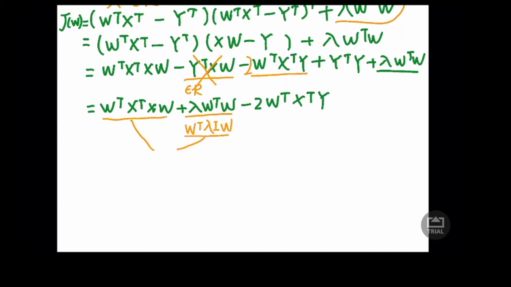Now I can write this function like W transpose (X transpose X plus lambda identity matrix) W minus 2 times W transpose X transpose Y.